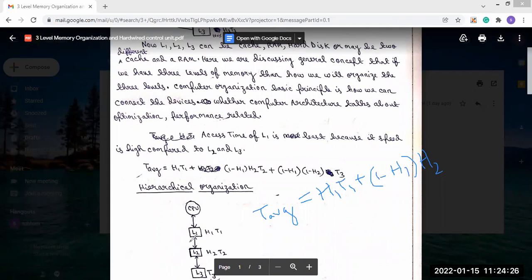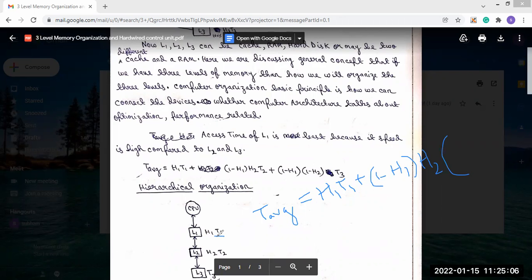So first the data is searched in the L1, and for that the CPU already takes T1 time. After that time wastage, the CPU finds that the data is not present in the L1, so it starts searching into the L2, and in this L2 it finds the data. So we have to consider this searching time also.